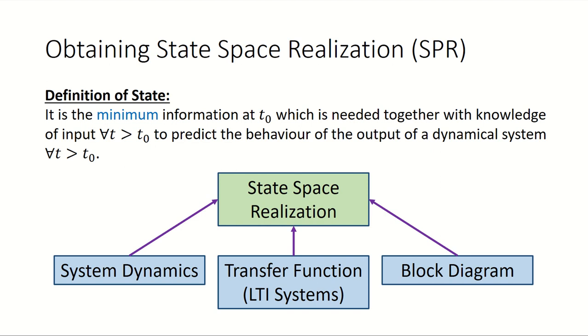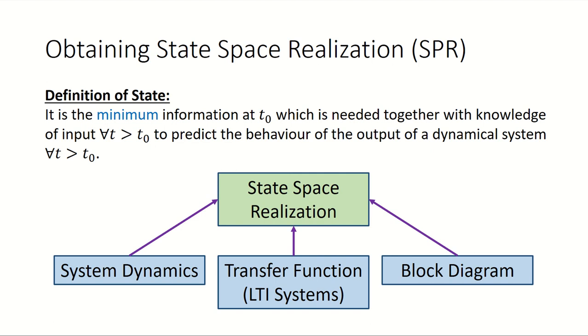So in order to predict the output of a dynamical system, we need the knowledge of the input obviously, but we need information of some other thing also. So those other pieces of information, the minimum amount of information that we need, we need at the initial time only, at t0 only, we don't need it further.